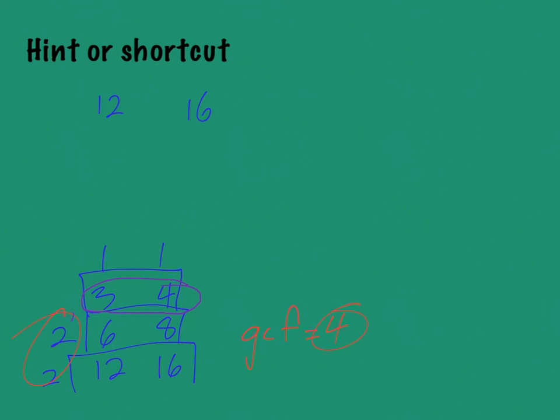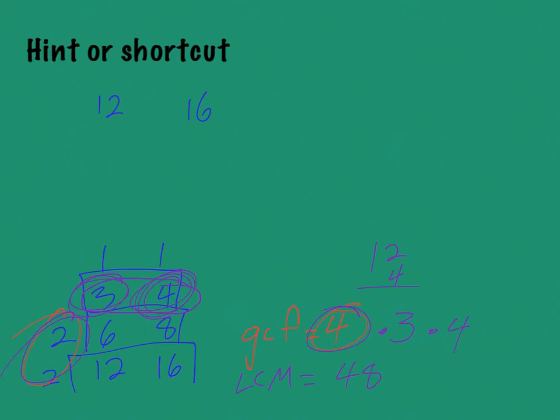So I'm going to take the greatest common factor, which is 4, and I'm going to take this 3, and I'm going to take this 4, and I'm going to multiply all of them together, and that is your lowest common multiple. So 4 times 3 is 12, times 4, that's 48. So my LCM equals 48.